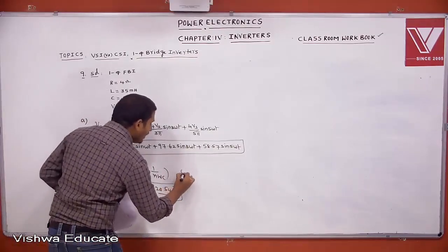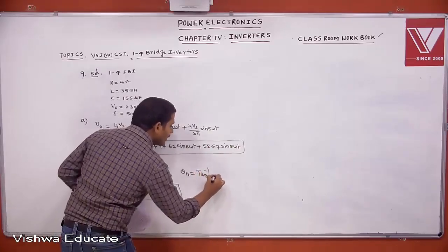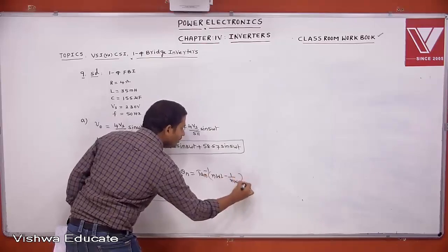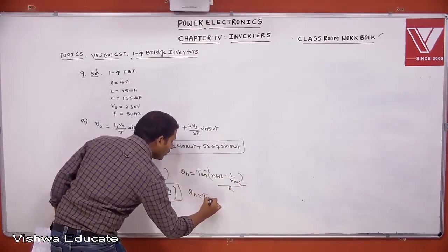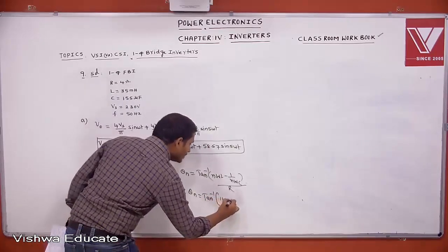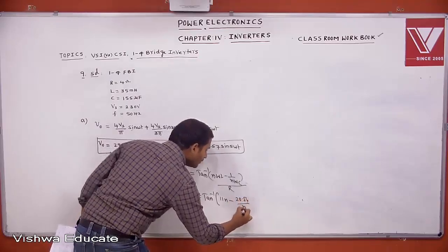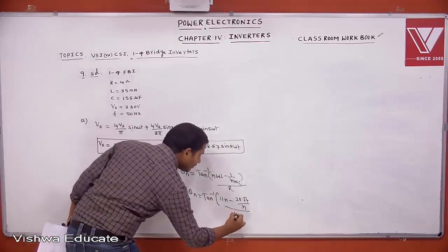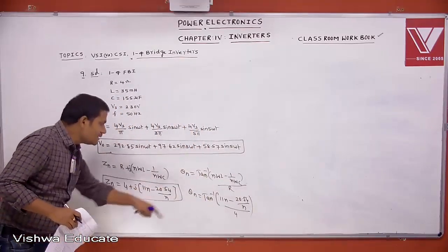Similarly, how to write theta n? Theta n equal to tan inverse of (n omega L minus 1 by n omega C) by R. Simplifying, theta n equal to tan inverse of (11n minus 20.54 by n) by resistance. How much is the resistance? That is 4 ohms. These are the generalized formulas, this is Zn and this is theta n.